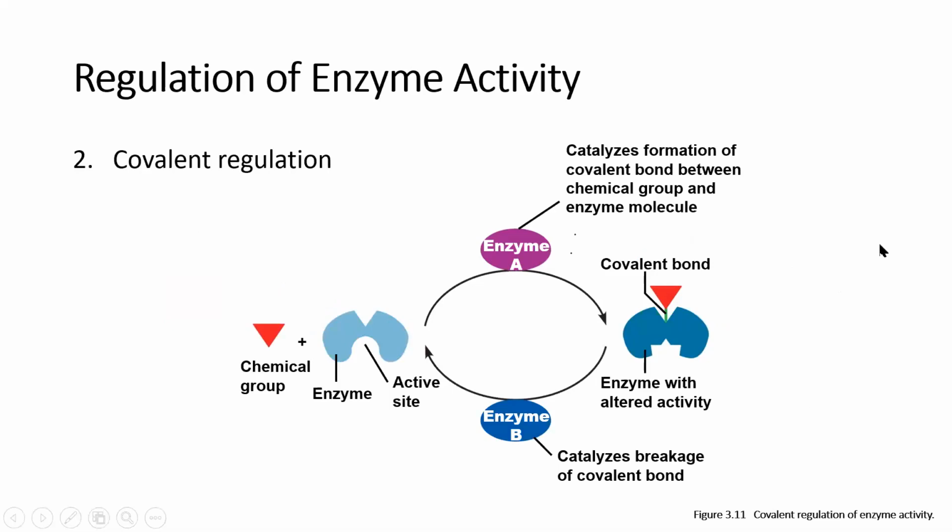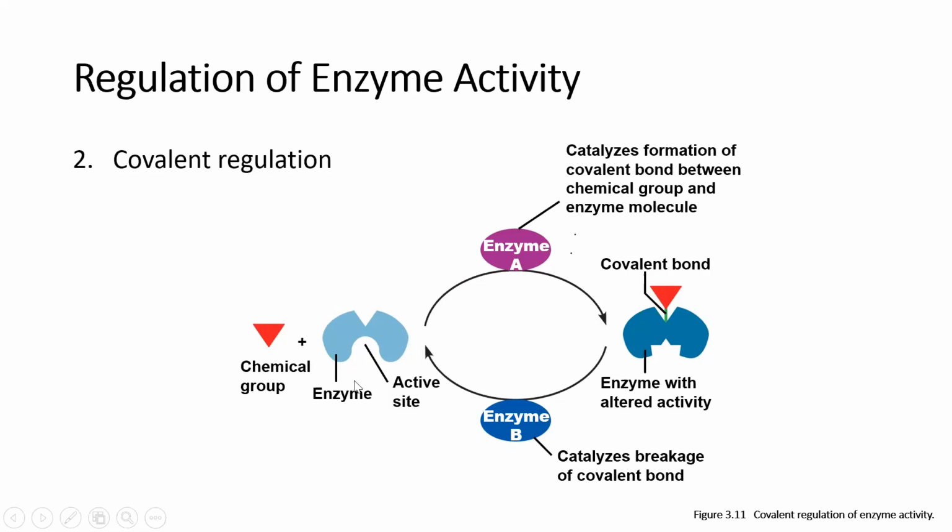A second mechanism here is called covalent regulation. And covalent regulation is slightly similar, but this talks about some chemical group. This is usually a phosphate group. It can be other things. It can be sulfur as well, but basically some type of chemical group binds onto this enzyme, again, not at the active site. This is the spot for the substrate, but somewhere else on the enzyme.